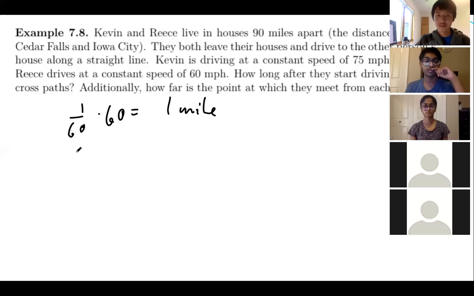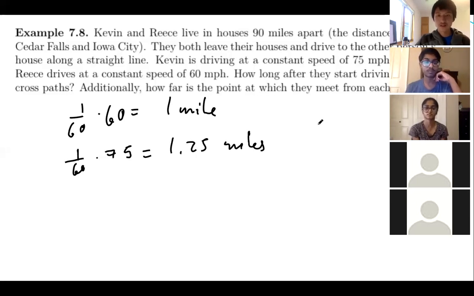But every minute that Kevin travels, 1/60 times 75, he will travel 1.2 miles. So every minute, we both narrow the gap by 2.25 miles.